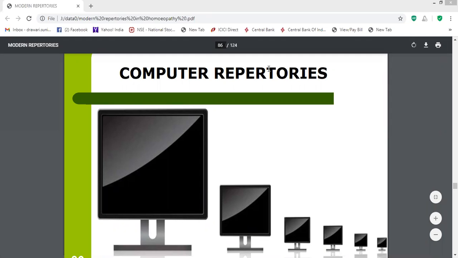So it was difficult to refer to all the materia medicas, and hardly possible for every homeopath to have all the repertories, or most of the important repertories, as well as materia medicas, but with these softwares it was possible.